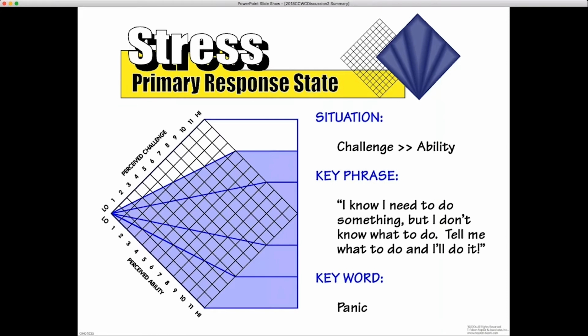When you don't feel like you have the resources available to solve something, and this can translate directly into really any aspect of life, and coaches deal with all different aspects of life, when your client is dealing with a situation where they don't feel they have the ability to surmount the challenge, they start to get into a panic state.